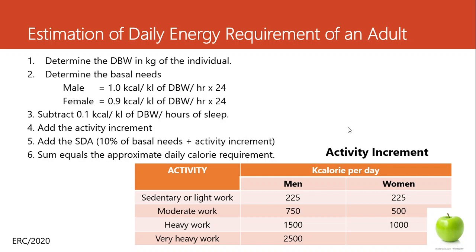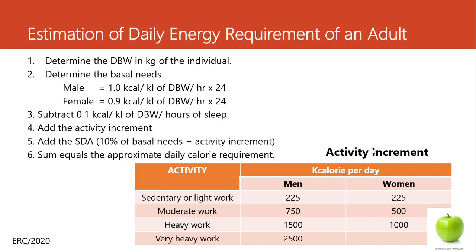So number two, determine the basal needs. So 1.0 kilocal per kilogram. So 1 kilocal times 50 kilogram, multiplied by 24. So you're going to arrive at 1,200. That's for the male. For example, the individual is a male and has a desired body weight of 50 kilograms.